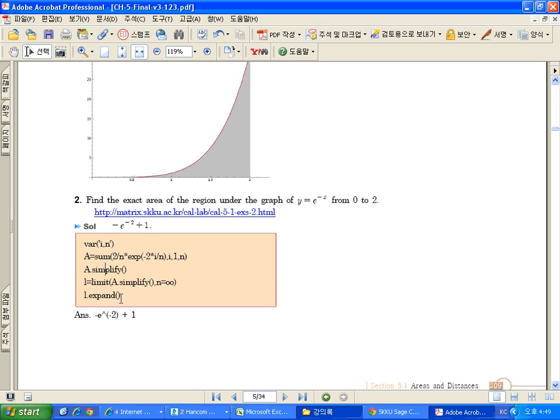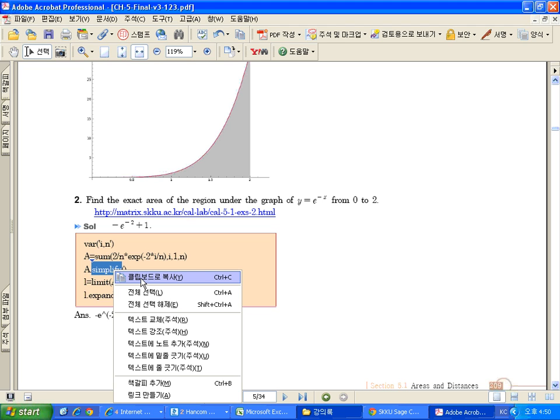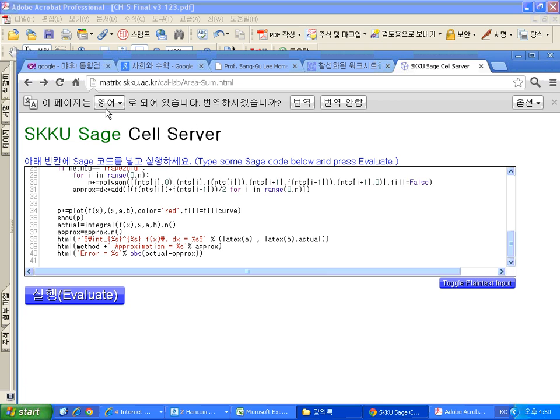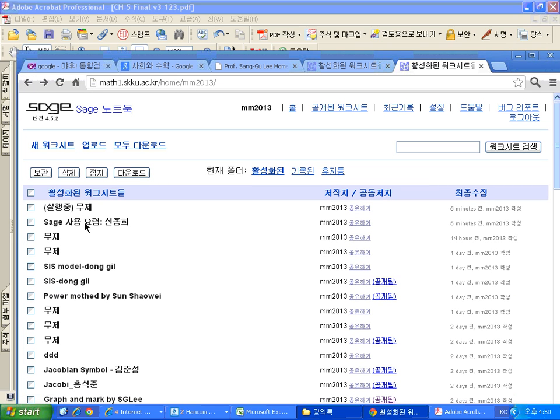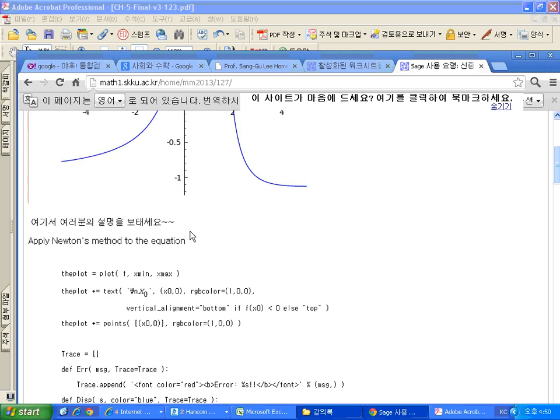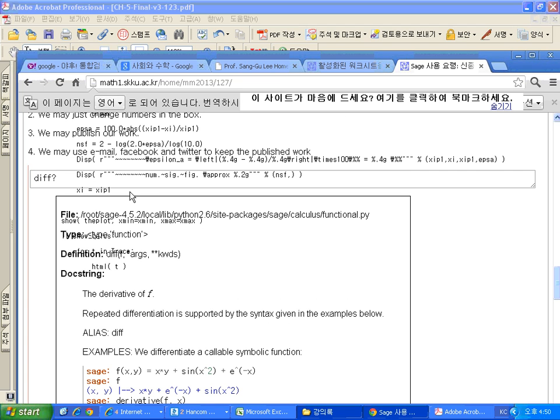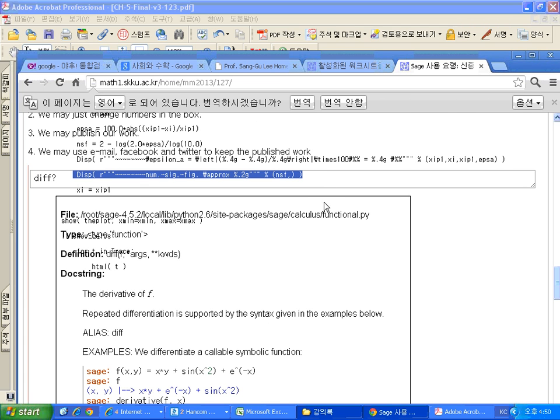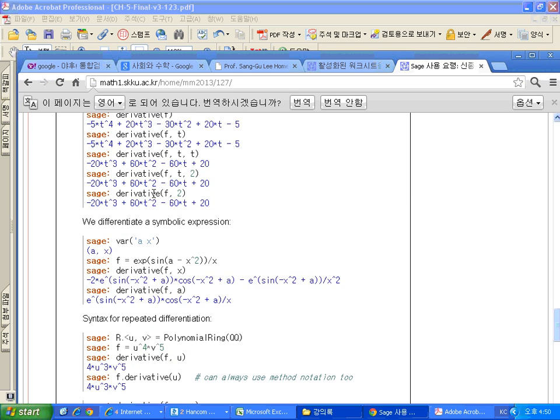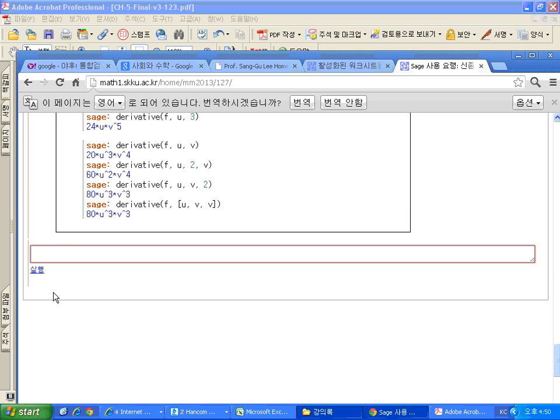If you need to understand this word, all you have to do is expand, for example, or simplify if you want to see it. Then copy here, and if you go here, you may type it here.